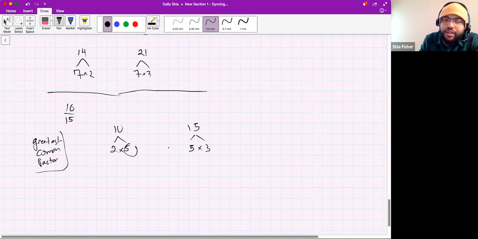Here are two factors of two different numbers that are the same, meaning these two numbers have this factor in common. And in fact, there's no bigger number than 5 that 10 and 15 have in common. So we say that 5 is the greatest common factor for 10 and 15.